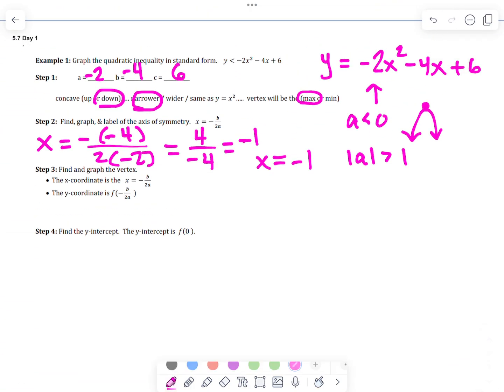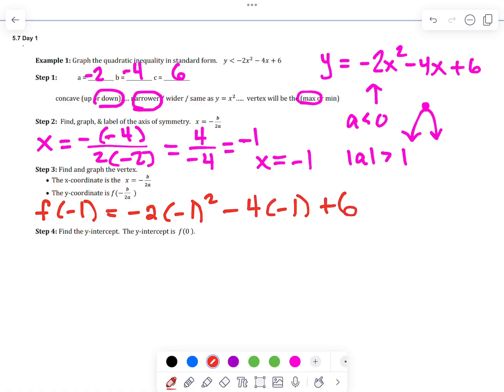Then I want to find the y coordinate of the vertex. We already know the x coordinate runs through the axis of symmetry. So we're going to evaluate the function for f of negative 1. So we substitute negative 1 into the function.